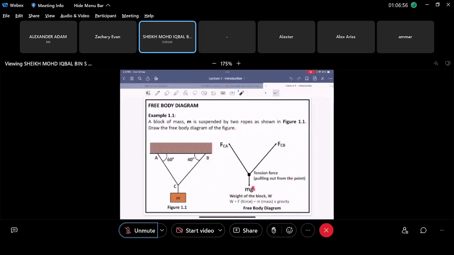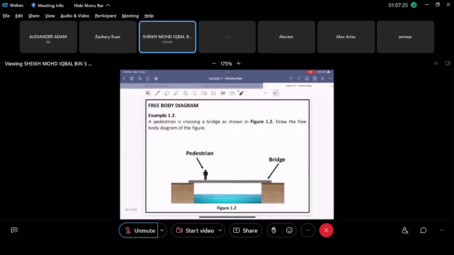So this is what we call a free body diagram, right? So mass here is this one, mg, mass times gravity to find the weight. And then you have your force here and then another force here, right? So that's a free body diagram. It's just making the picture more simplified so that we can calculate the mathematics more easily, all right? So this is an example, all right?